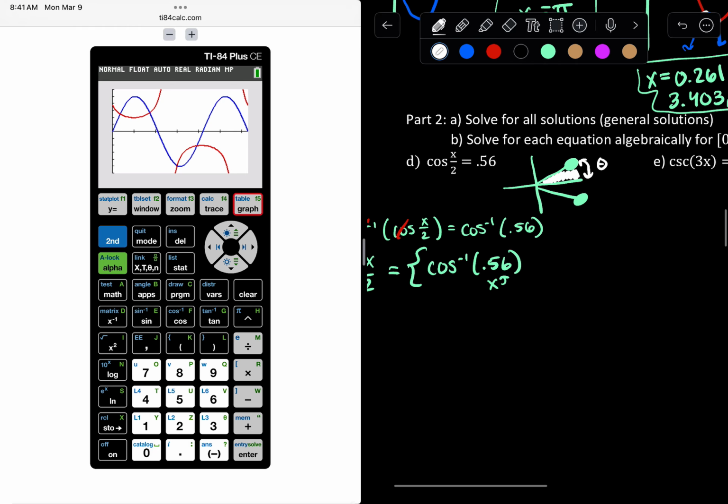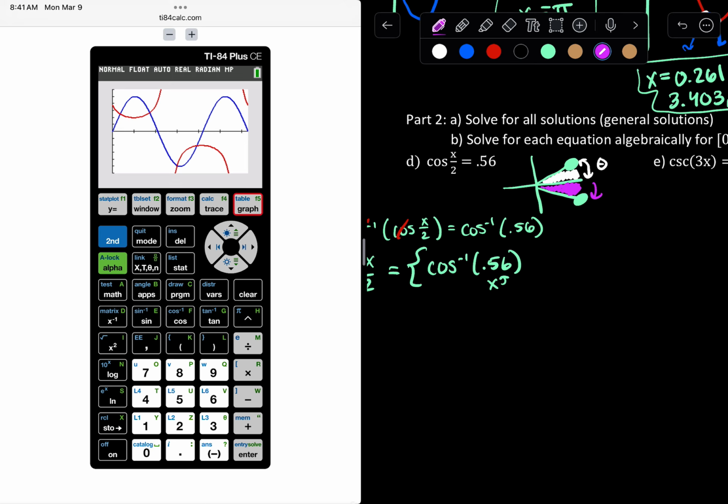So now what we have to do is using inverse cosine of 0.56, I need to represent this second angle, which is here. Now, looking forward, part A, you can use negative angles if you want to, but part B, we do have a restriction from 0 to 2 pi, so I want to plan ahead and make sure that I can use this solution set for part A and for part B. So I need a positive theta. If I just use negative inverse cosine of 0.56, I end up out of my domain restriction.